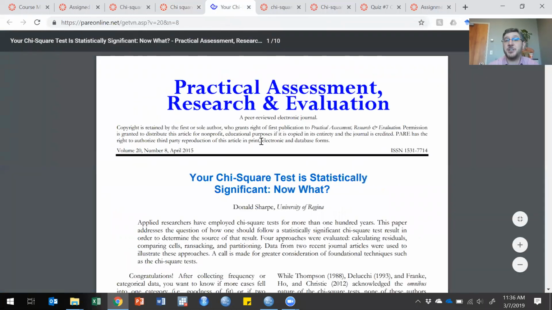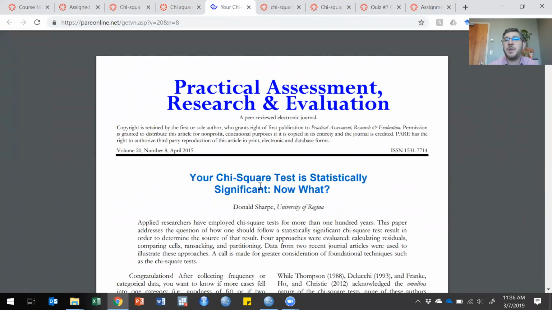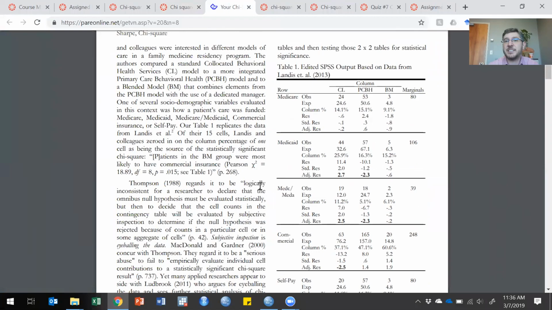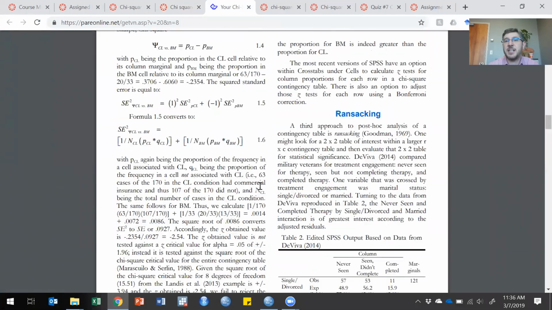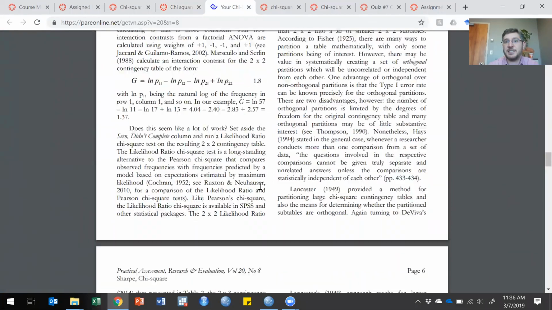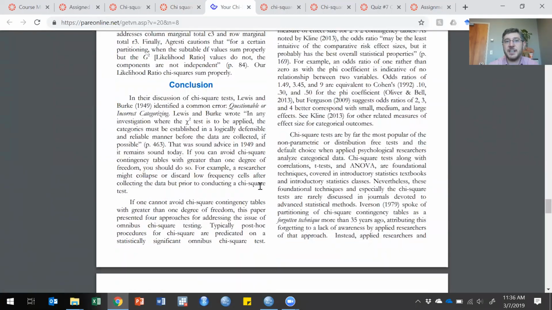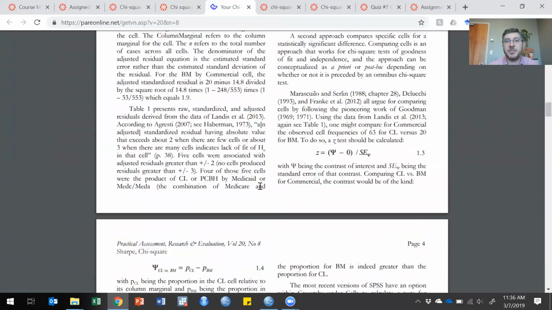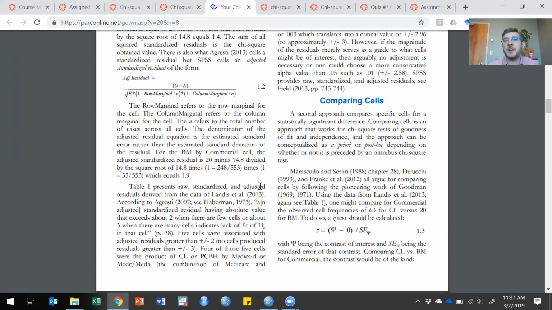You can see a link to the article, chi-square is statistically significant, now what do I do? In my notes, I discussed one of these options. It's the comparing cells option. There it is.